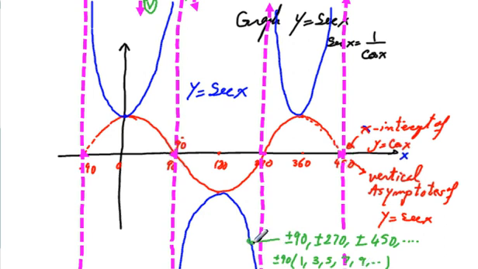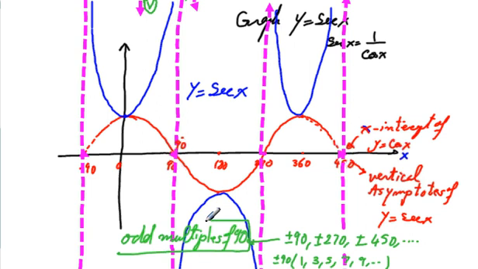How do we write that mathematically? You can write it as 90 times, and how do you catch an odd number?